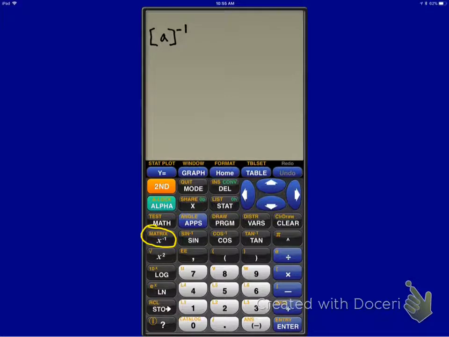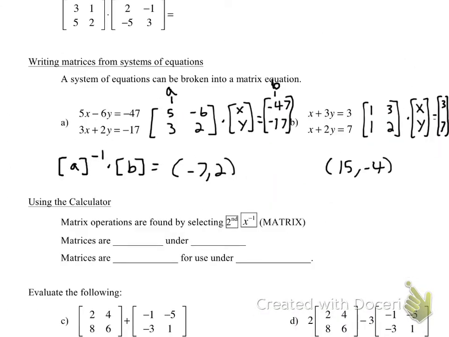So raise that to the negative first power, and then you'll multiply that by what you made with B, your solution matrix, and that will give you your answer. Again, you'll do the same thing for the next problem. You'll make that A, you'll make that B, plug them into your calculator, and then find the inverse of A times B, and you'll get your solution.